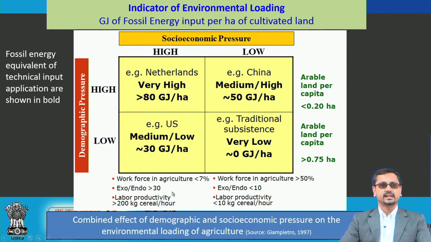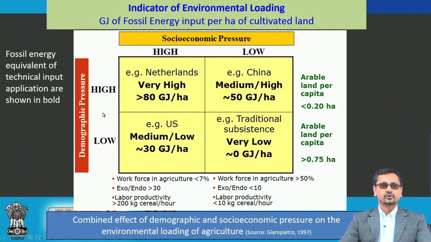In such economies, the exo to endo ratio is usually more than 30, and the labor productivity is very high, usually more than 200 kilograms of cereal production per hour, whereas the socio-economic pressure is considered to be low where a relatively higher number of workforce, more than 50%, is engaged in agriculture. The exosomatic to endosomatic ratio is less than 10 and the labor productivity is somewhat less than 10 kilograms of cereal per hour.